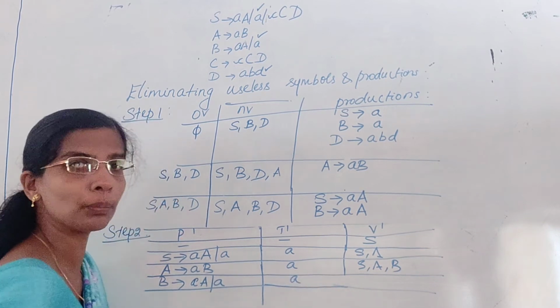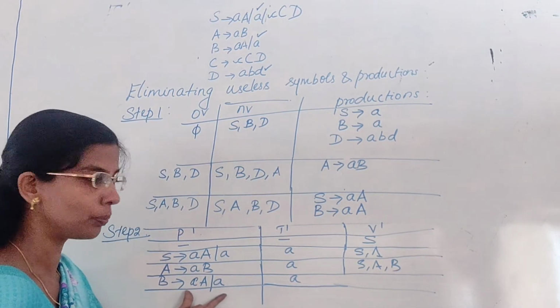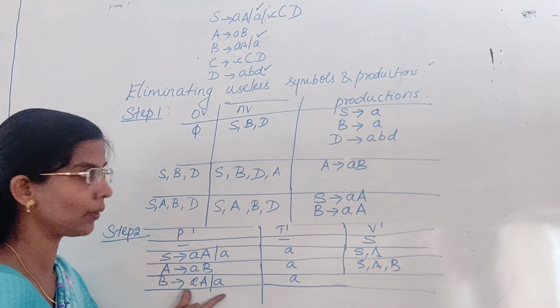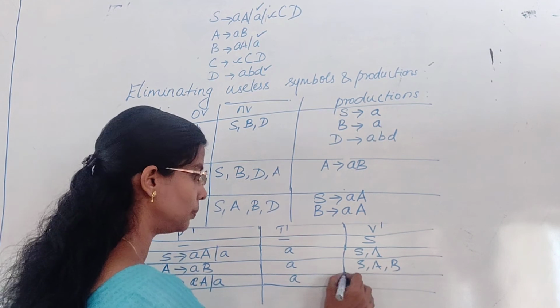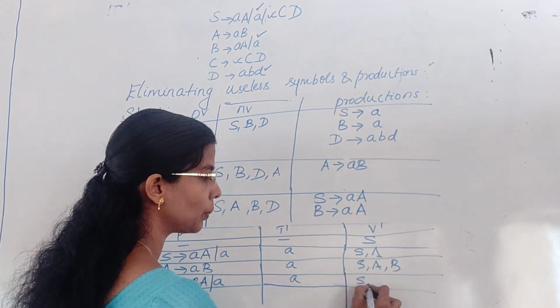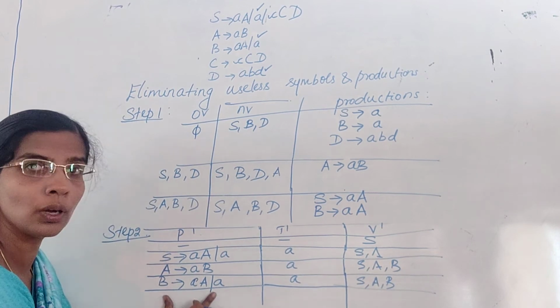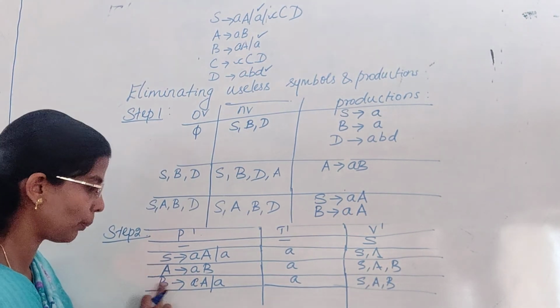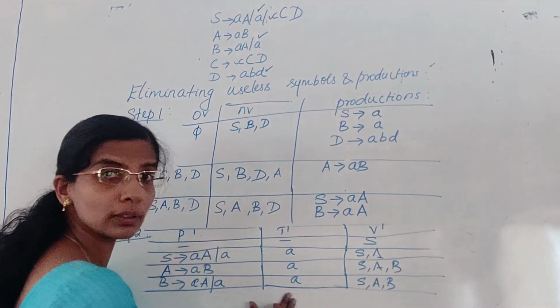And check the production for a new terminal. I don't have any other new terminal. You can leave it. Then copy the variables from the previous row and check the production for a new variable. Am I having any new variable? No. So with this you can conclude it.